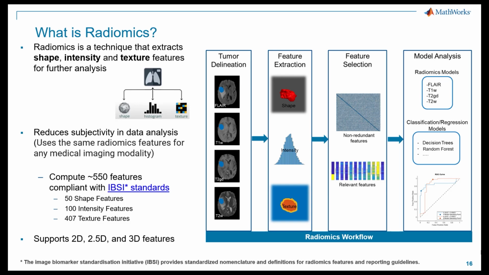Radiomics takes all of that subjectivity out of the equation, and with a single call to our radiomics function, we can compute up to 550 features that are compliant with IBSI standards. That is, shape, intensity, and texture features that characterize each of these blobs in our image. And once we have our features, we have functionality with which we can eliminate redundant information.